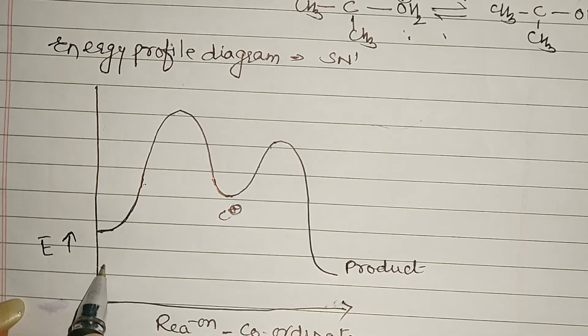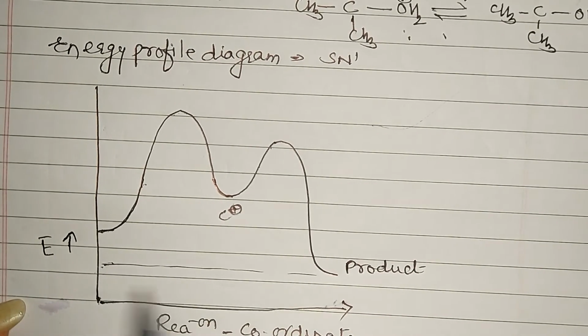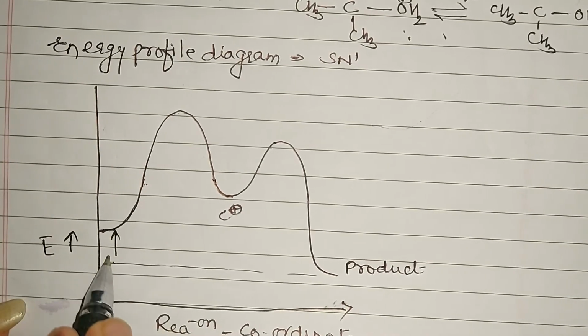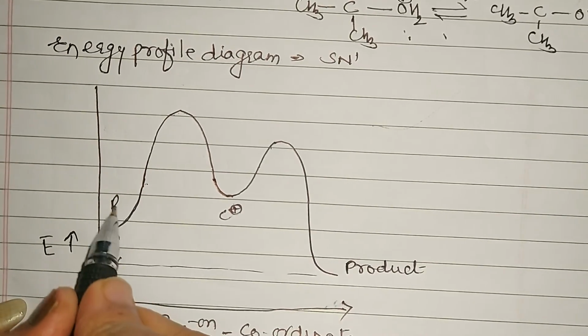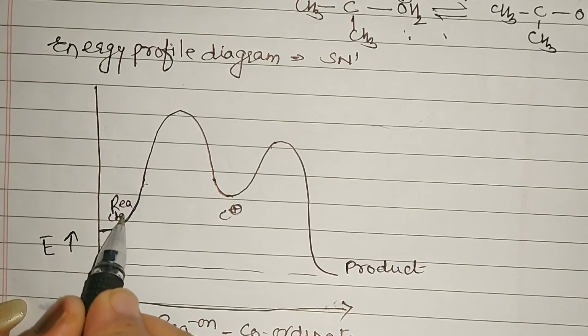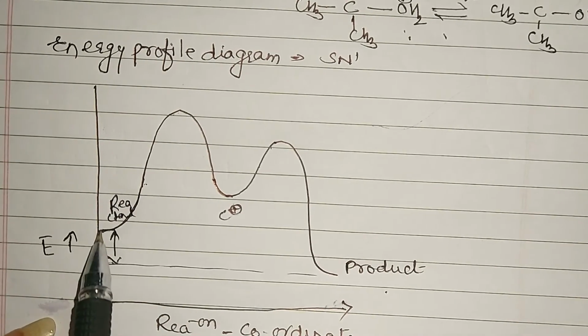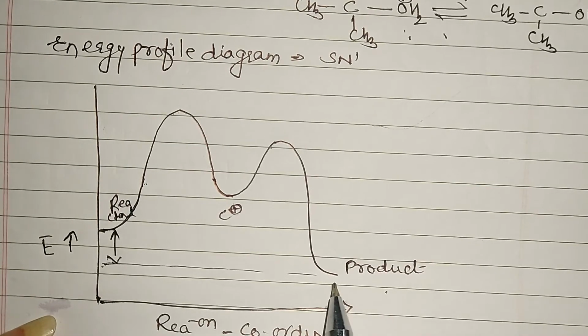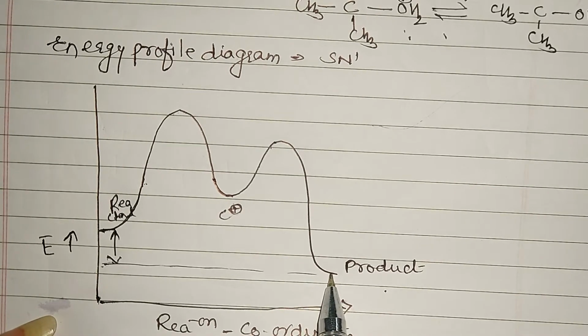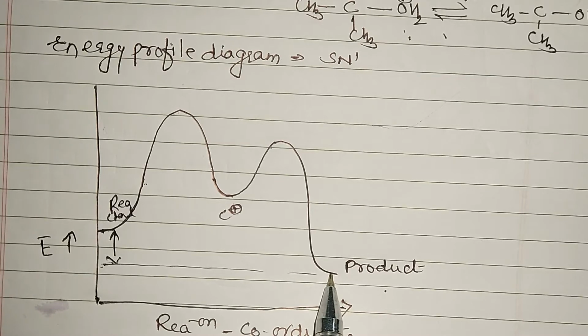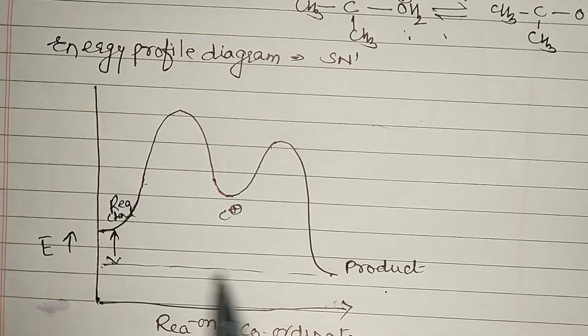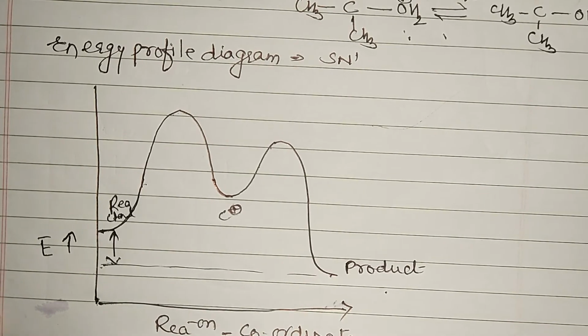We see that there is an energy difference between reactant and product. Reactants are at higher energy and product is at lower energy. This is the energy profile diagram.